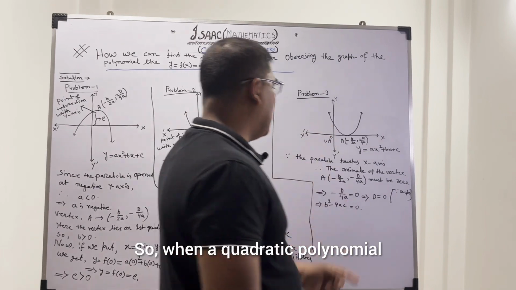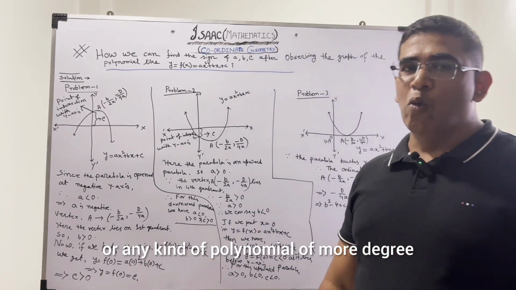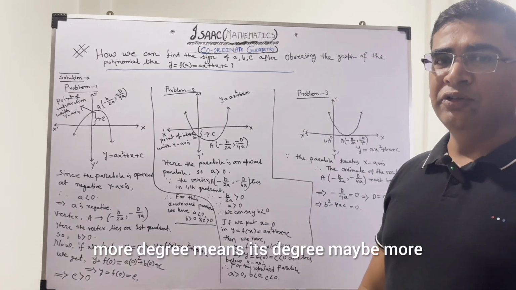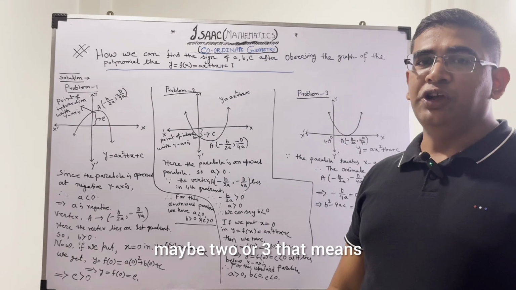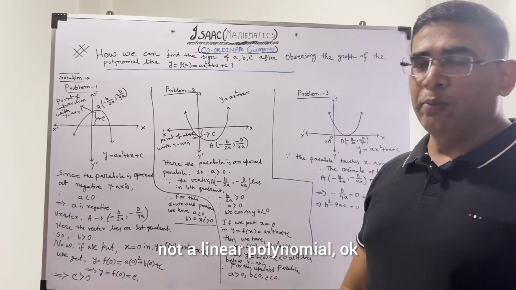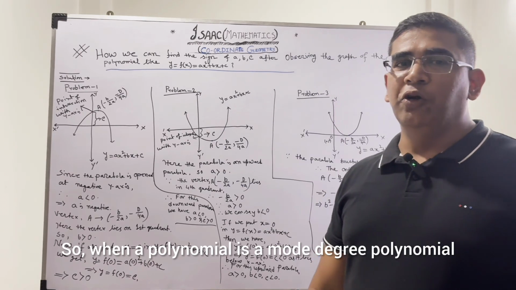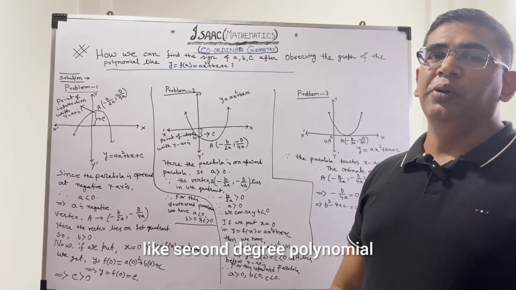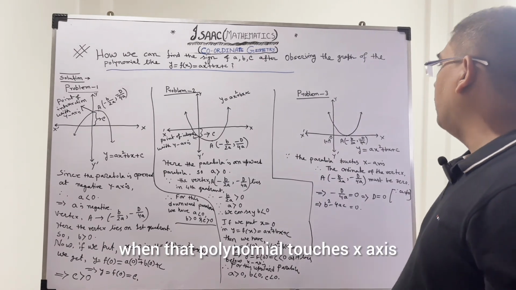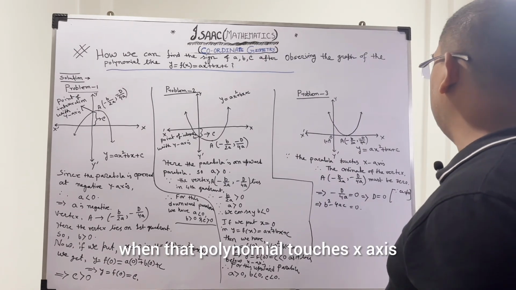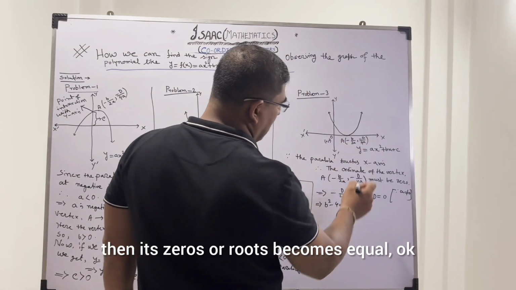When a quadratic polynomial, or any polynomial of more than one degree, meaning its degree may be 2 or 3, that means not a linear polynomial, like a second degree, third degree or fourth degree polynomial, touches the x-axis, then its zeros or roots become equal.